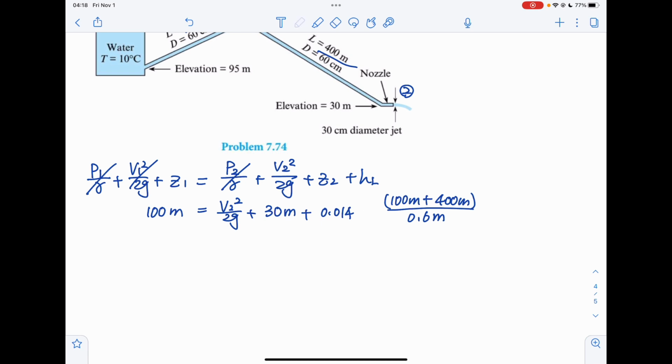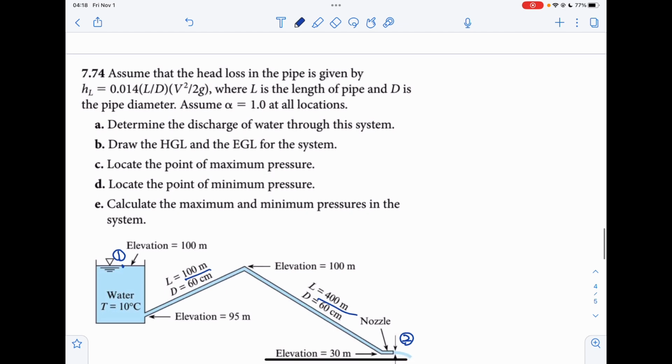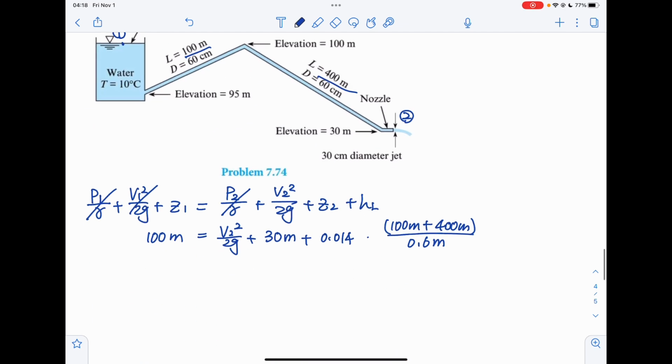Sorry, it should be times here, over D and times V squared over 2g. The V is not the V2 here.